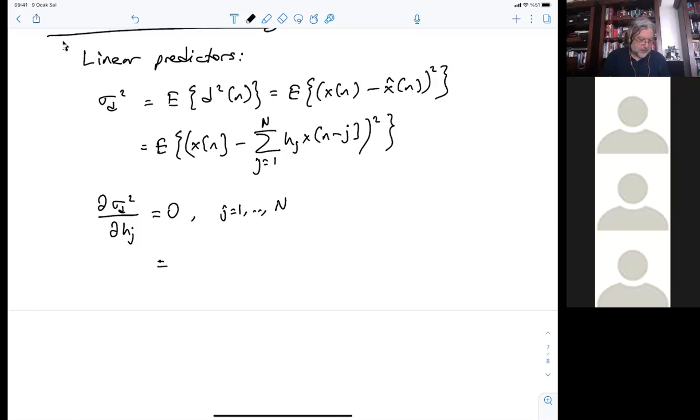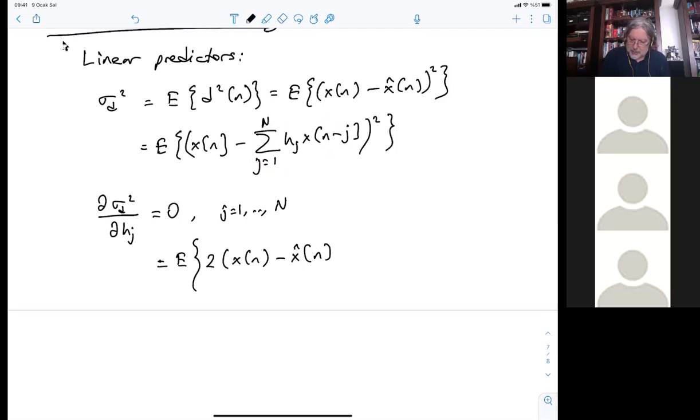This derivative must be equal to, staying inside the expected value still, a large parenthesis of expectations. Because of the square, it becomes 2 times x of n minus x hat of n. I will write it that way because it's easier, although we know what x hat of n is, it is this one.